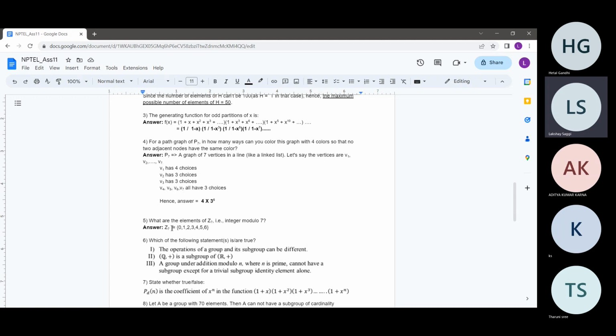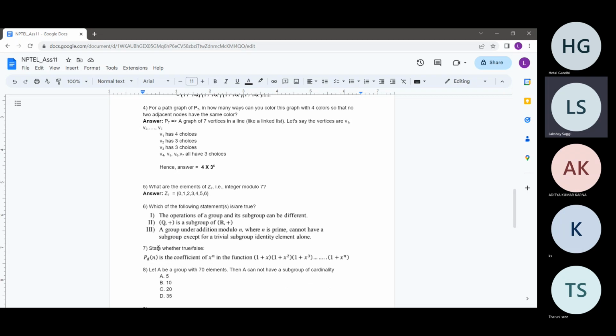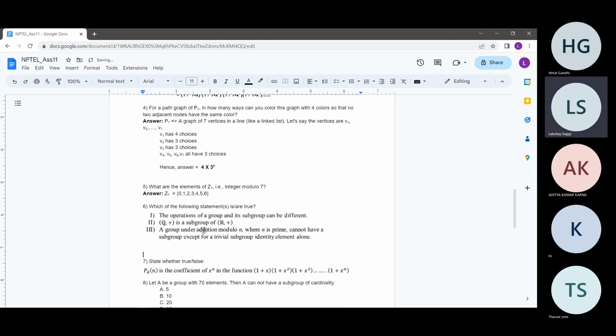Anything can be written as quotient times divisor plus remainder, where the remainder is less than the divisor and greater than or equal to 0. So here the possible remainders are less than 7 and greater than or equal to 0, which are 0, 1, 2, 3, 4, 5, 6. So in general, any Zn can be written as 0, 1, 2, 3 up to n minus 1.